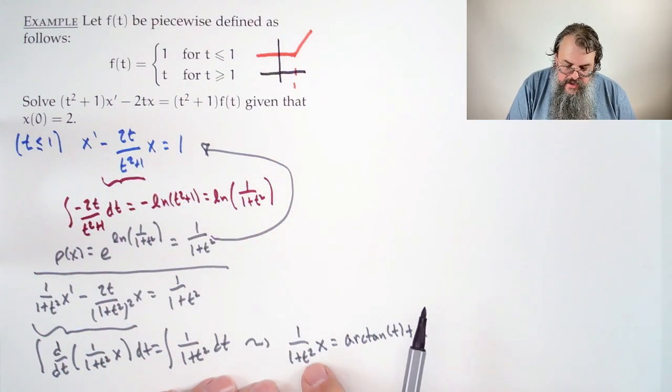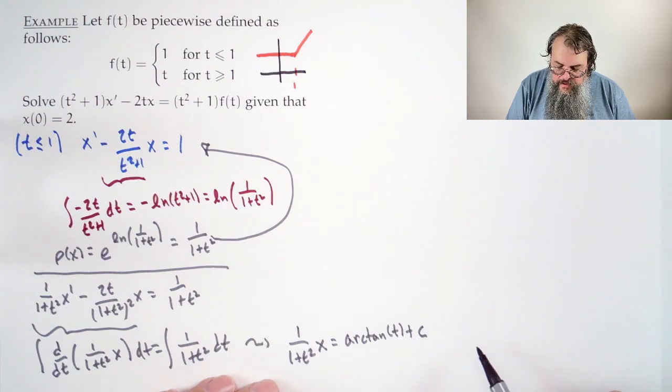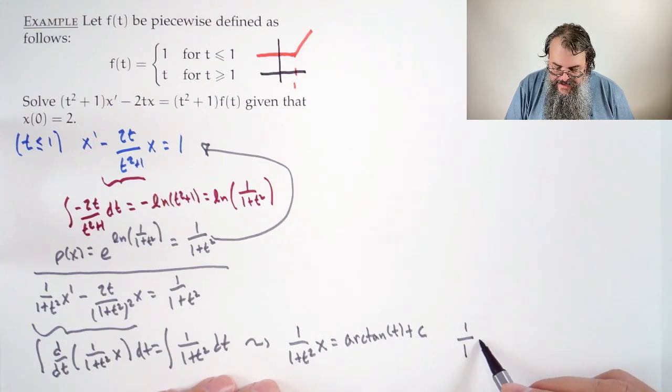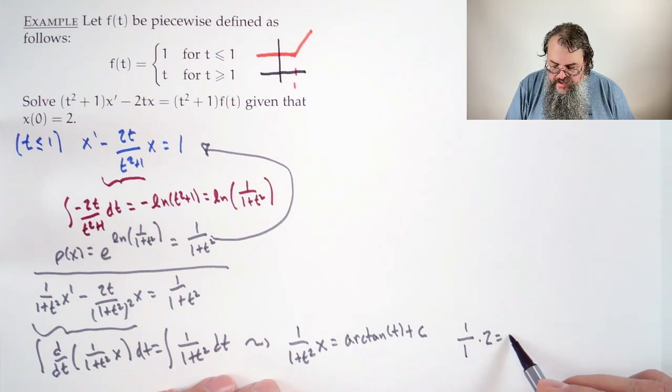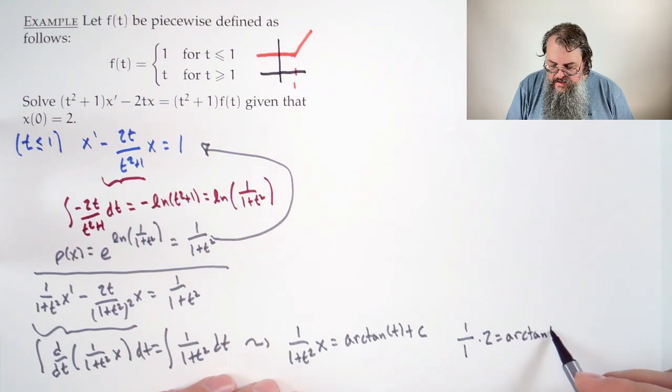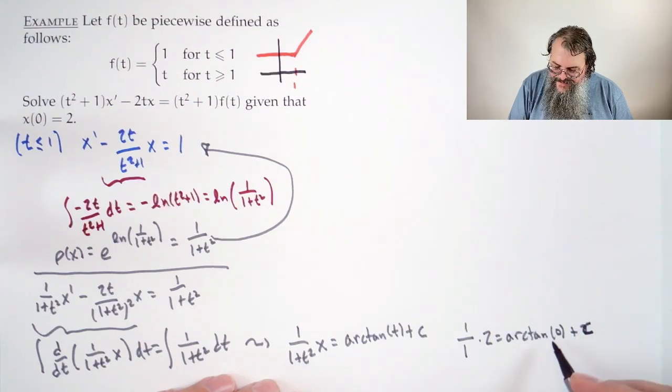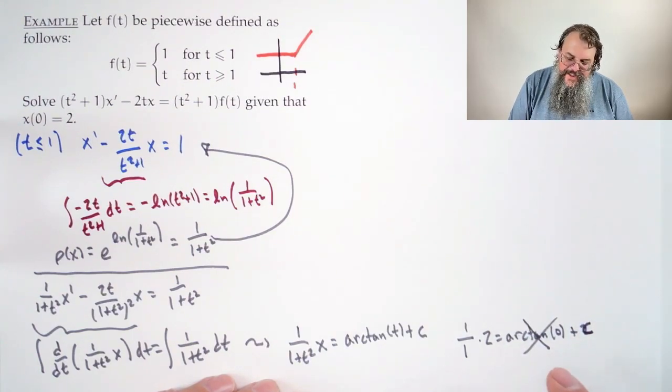So we plug in t equals 0, x equals 2. That tells us that 1 over 1 plus 0 squared, times 2, equals arctangent of 0 plus c. Arctangent of 0 is 0, so c equals 2.